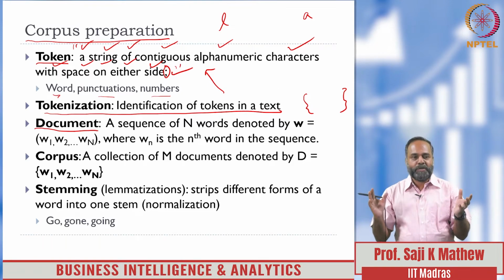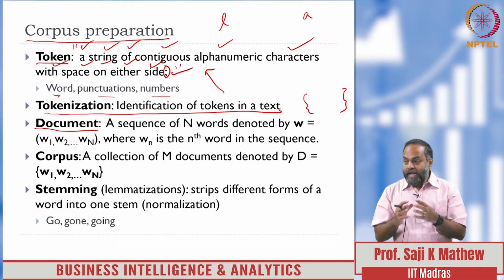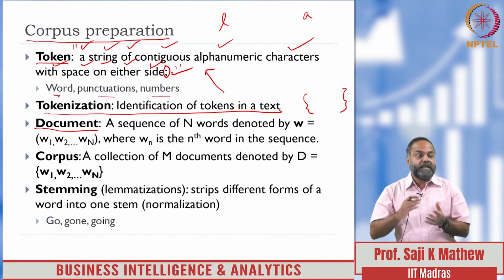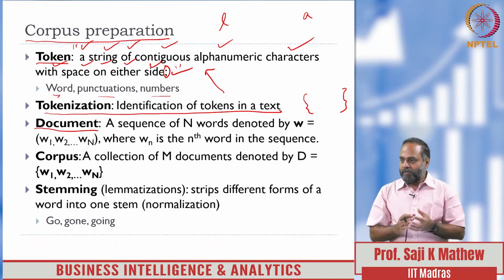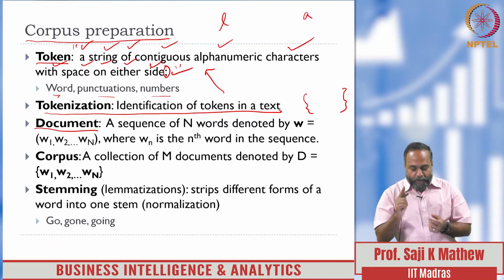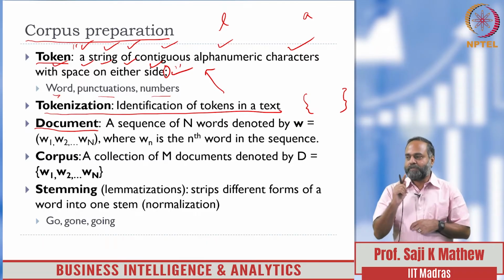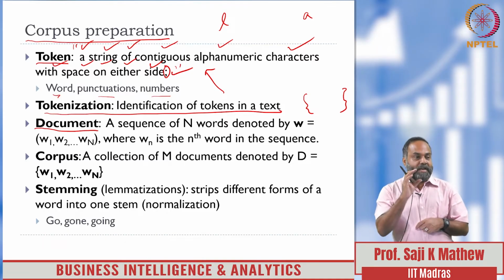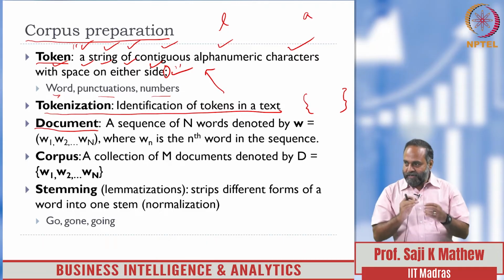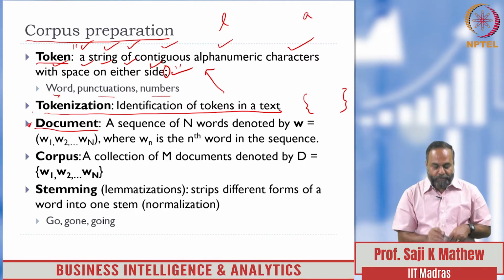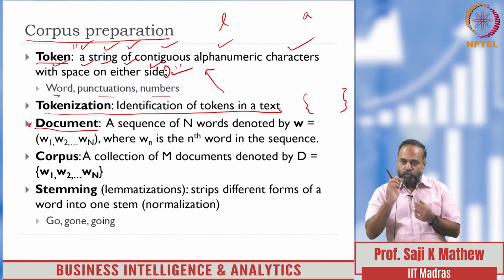Each book can be a document in itself, but if your aim is to analyze different topics within a book, then a document can be a particular chapter. If your aim is to analyze a particular chapter, then different sections can be a document. So a document is like a unit.